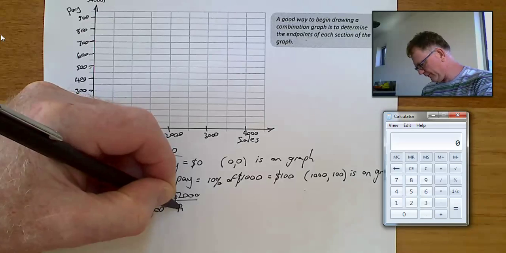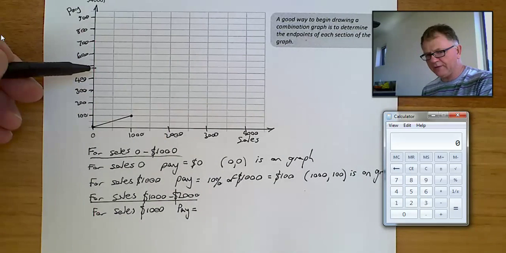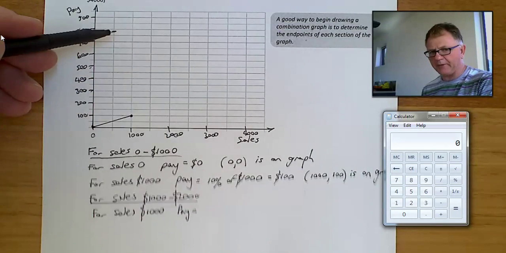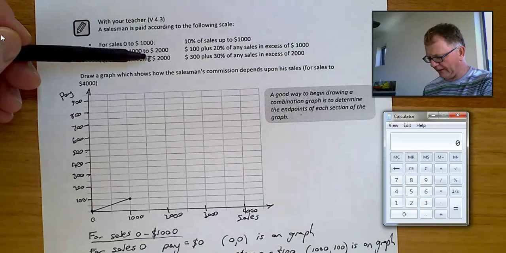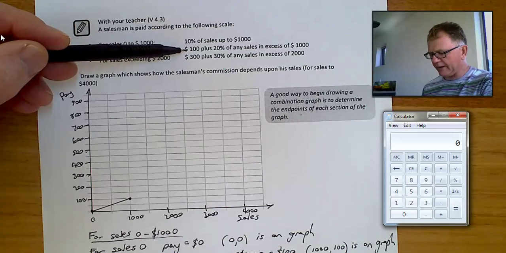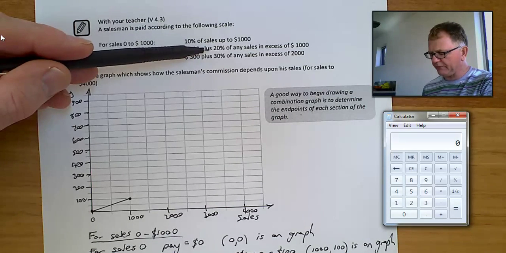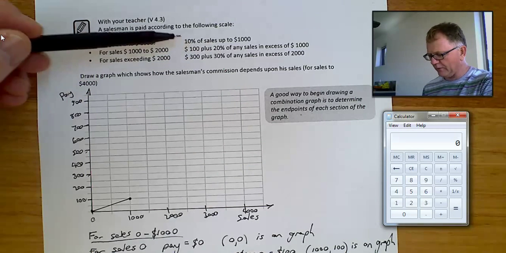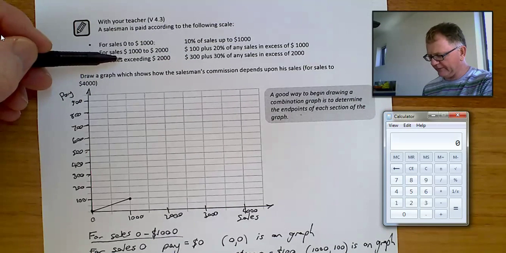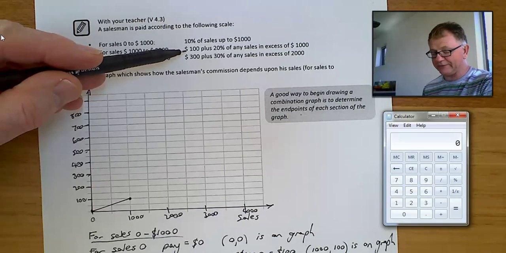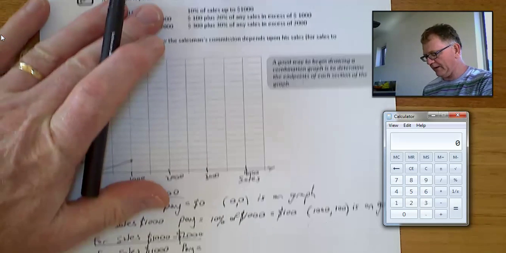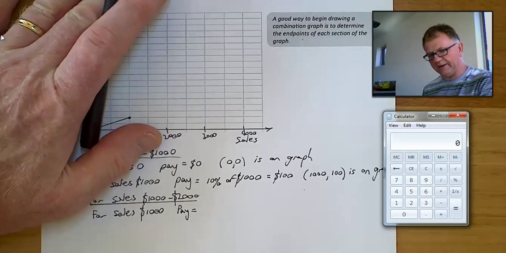His pay would equal, and it says at the top of the page here, sorry about ducking up and down, he'd get paid $100 plus 20% of any sales that are more than 1,000. Well, if he's selling exactly 1,000, he's going to get paid $100 plus nothing extra. So his pay will be exactly $100.